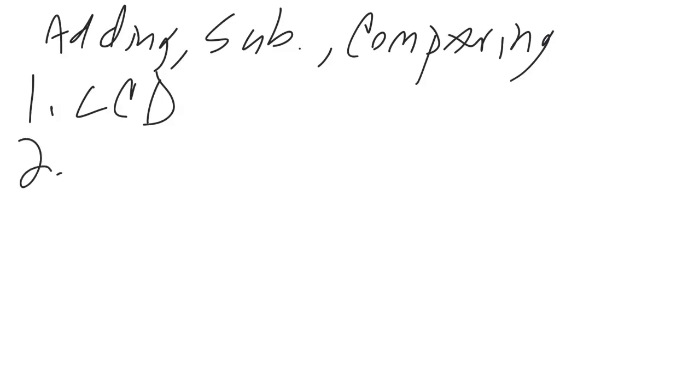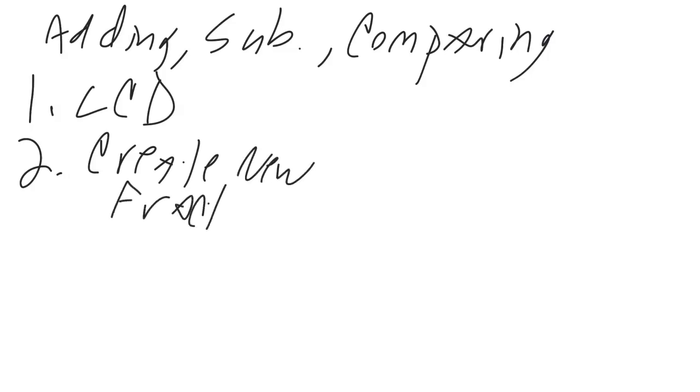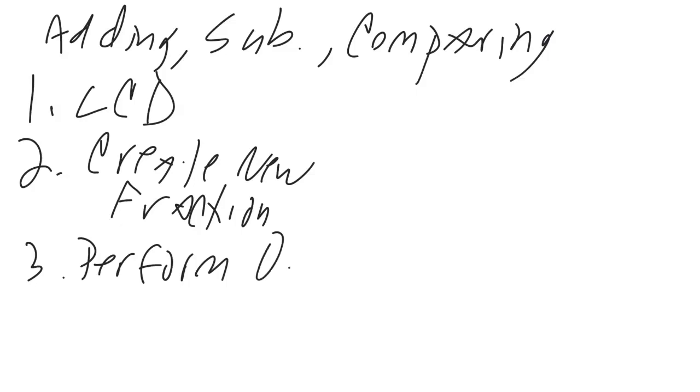The second step is that you want to create a new fraction. The third step is you want to perform the operation. And so that just simply means if it's addition or subtraction, you want to do that. So you want to perform the operation, and I'll abbreviate that. And then step 4, you want to reduce and simplify.